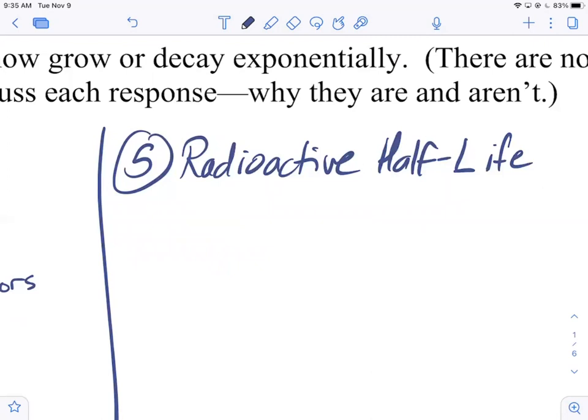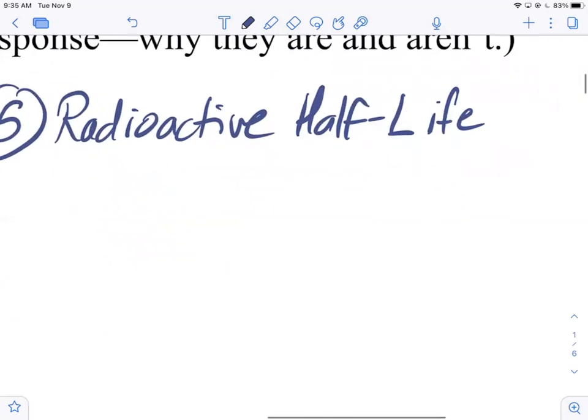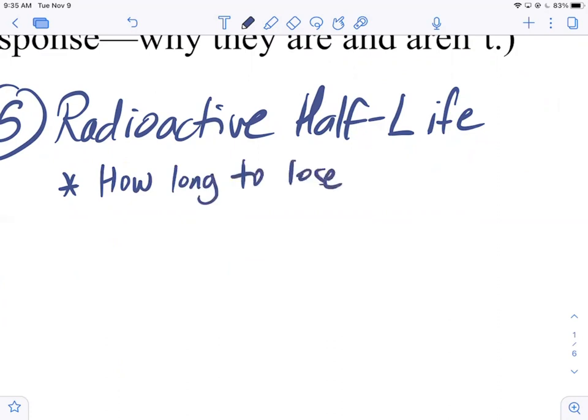It loses half a life. No. There you go. A half-life is basically how long it takes to lose half its mass.